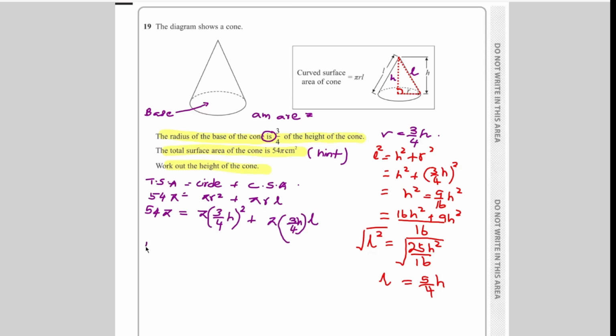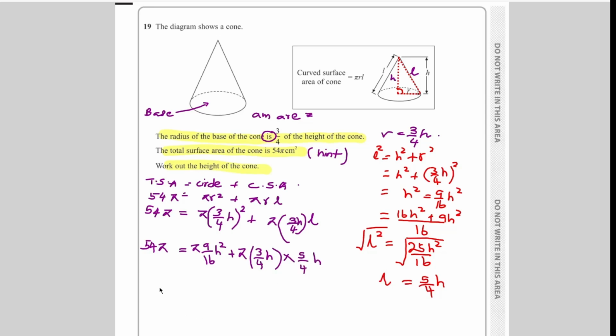So let's plug in the value of L here. Then 54π equals π, 9/16 h squared, plus π, here 3/4h, and L means now 5/4h.